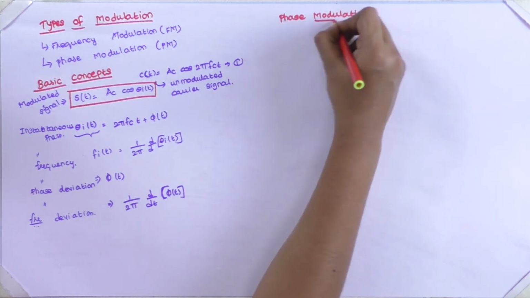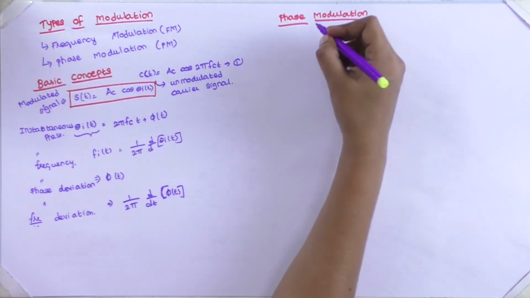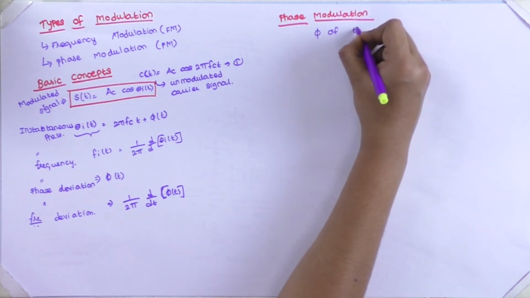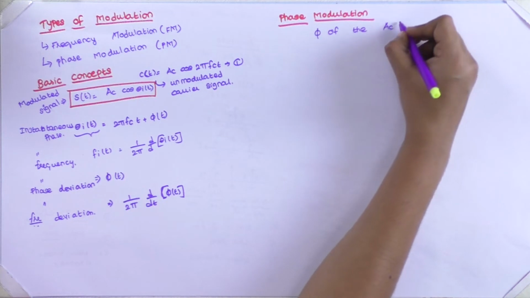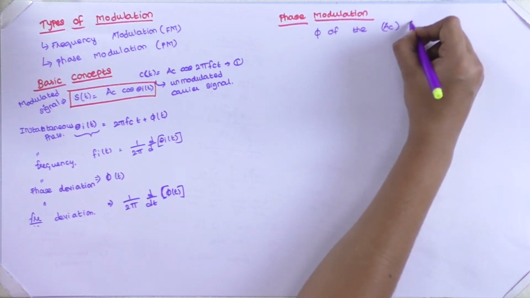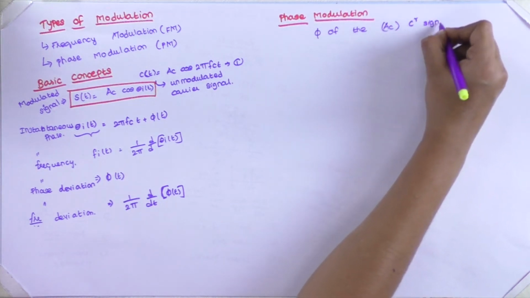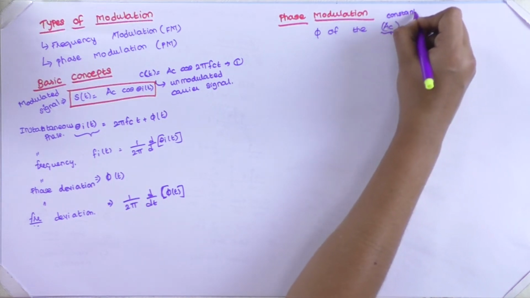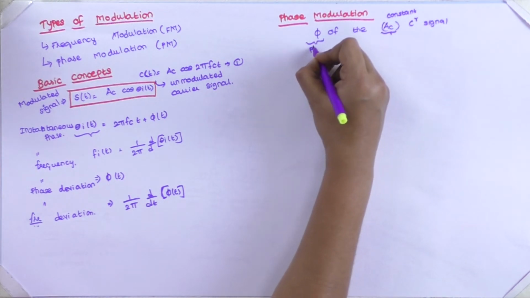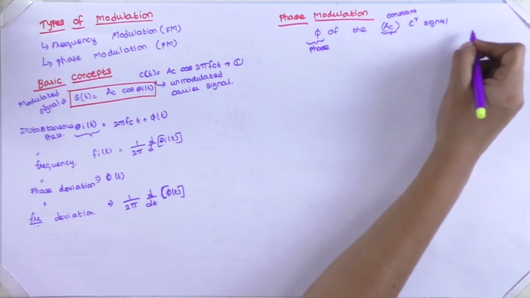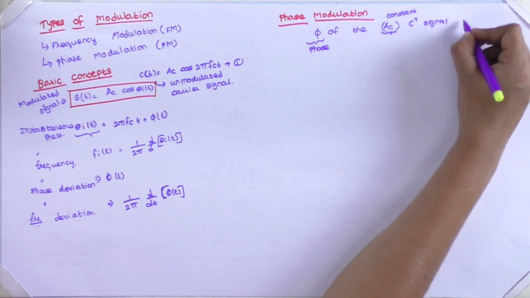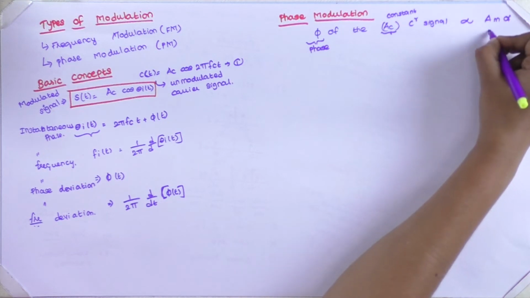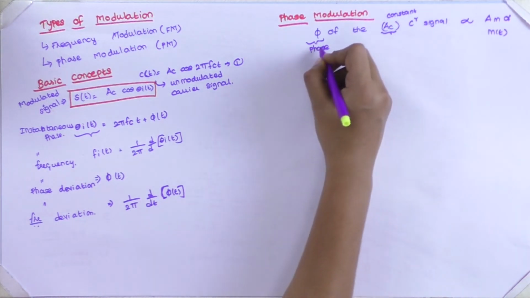Phase modulation is changing the phase of the carrier signal, keeping our Ac, that is amplitude, constant. Only we are going to change the phase of the carrier signal with respect to the amplitude of the message signal.